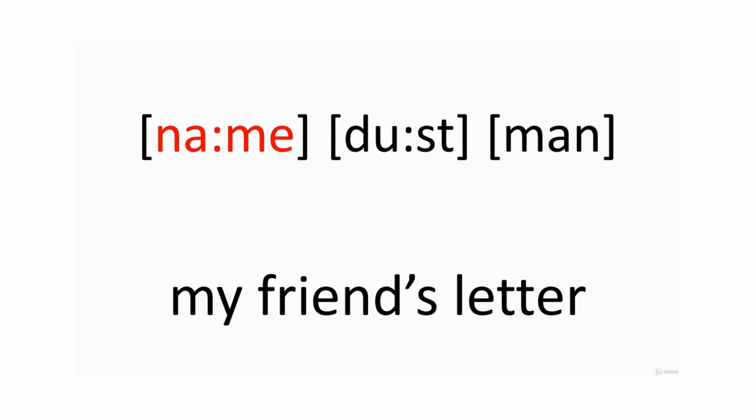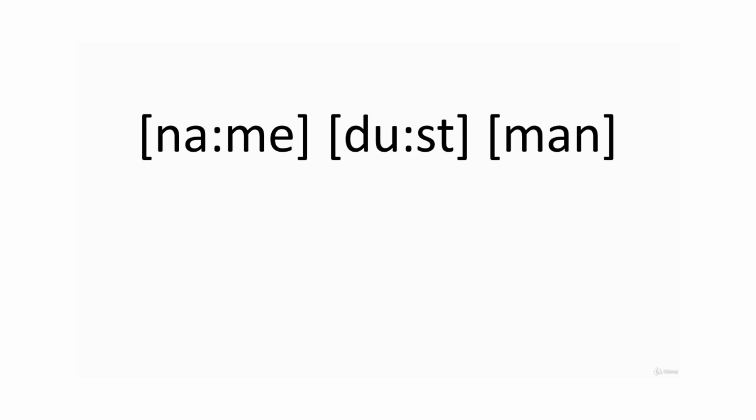Me or friend? Yes, friend. This is our second word, dost. And who does friend belong to? That's right, me. That's man in Persian. So here is the order. Name, dost, man.